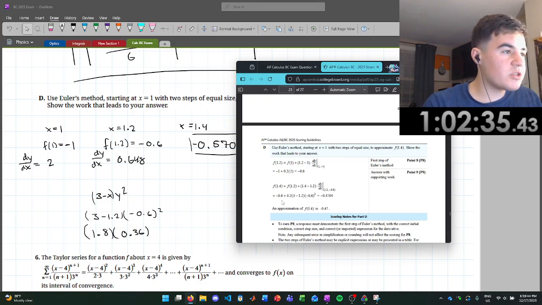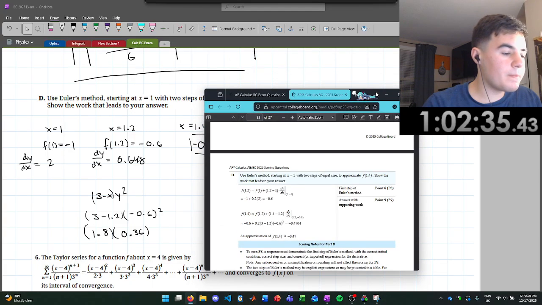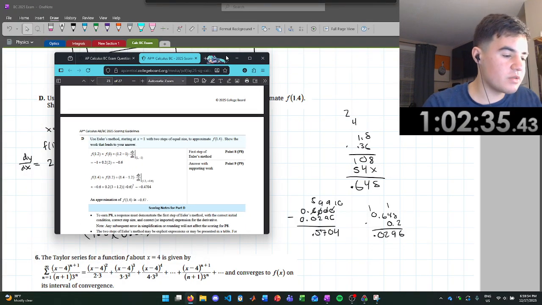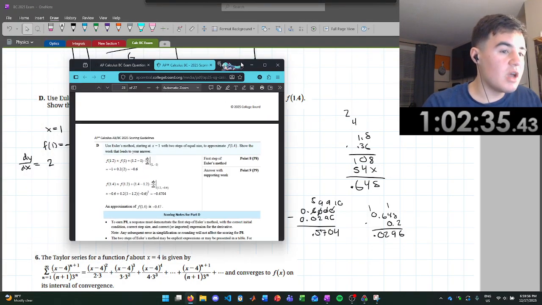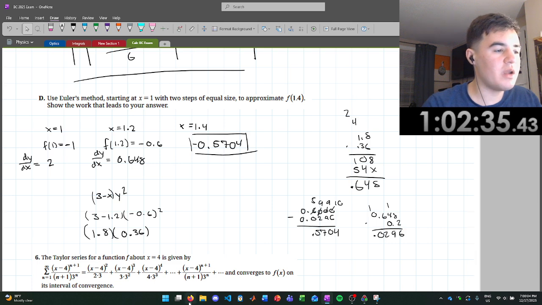Did I forget to multiply by the 0.6 squared is 0.648. 0.648 times 0.2 is, okay, I messed it up here. I forgot to carry this one down. It should be 0.10296. So I'm off by 0.01.